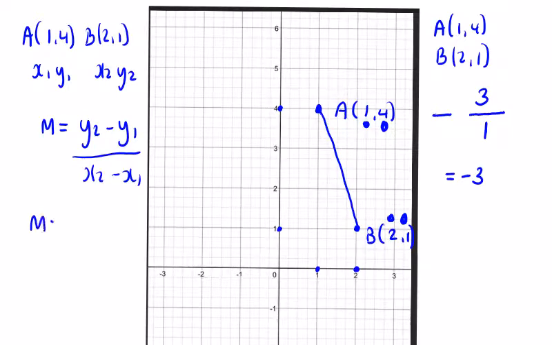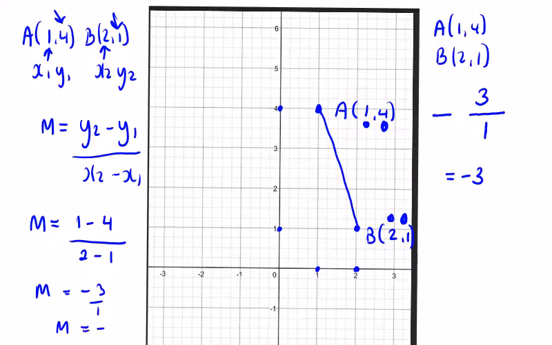We get M, which represents slope, of Y2, which is this 1 in here, minus this 4, 1 minus 4, divided by X2, 2 minus X1, 1, 2 minus 1. We get M to be negative 3 over 1, M to be negative 3. So negative and positive slopes.